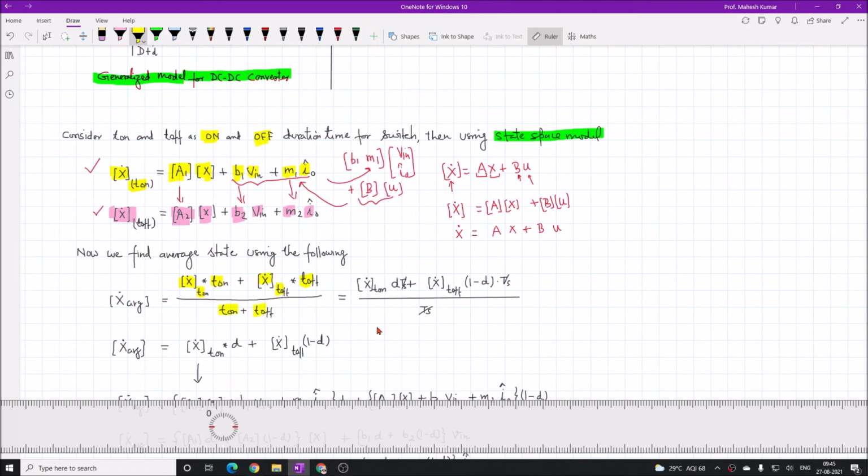That's how we find an average, like x1 into n1 plus x2 into n2 divided by n1 plus n2. So t on plus t off is Ts, and t on is d into Ts and t off is 1 minus d into Ts. Therefore this equation becomes x dot during t on into d plus x dot during t off into 1 minus d. This is the average state.